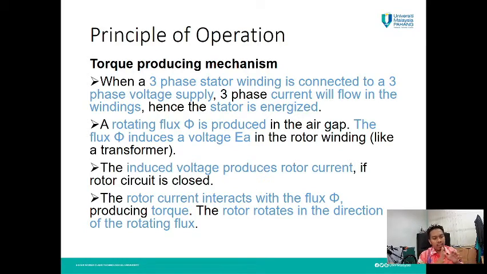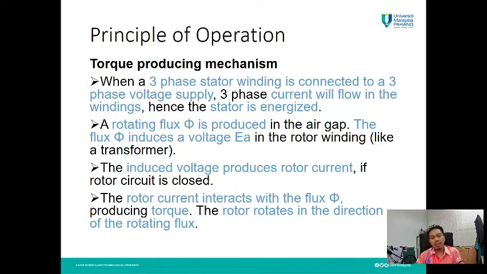The effect of that is the rotating flux or rotating magnetic field is produced in the air gap. At the same time, the coil or winding in the rotor is induced due to the rotating magnetic field in the stator. Because of the flux cutting, it will produce the induced voltage or back EMF in the rotor winding.